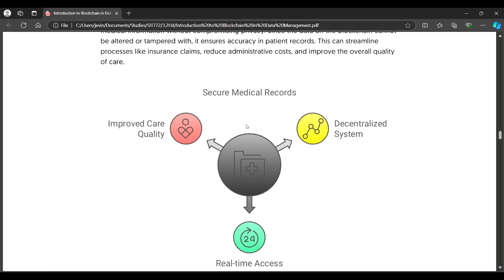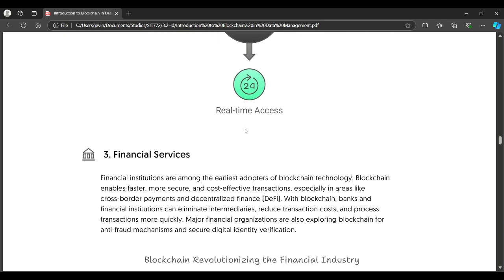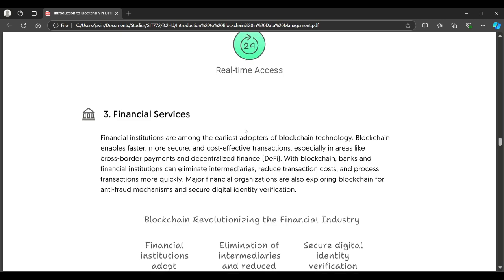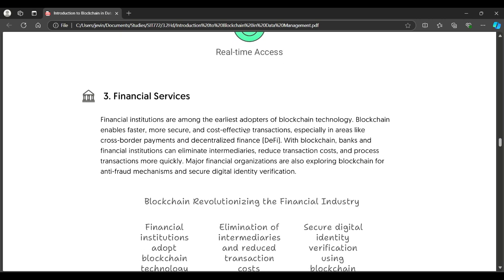We can reduce administrative cost, and we can improve overall quality of care by using this blockchain technology in healthcare system and TBMS management. And in financial services, we are using different kinds of blockchain technology such as DeFi and cross-border payments.